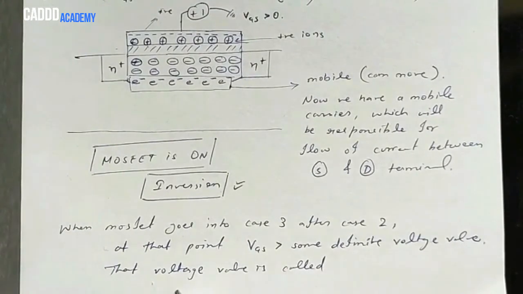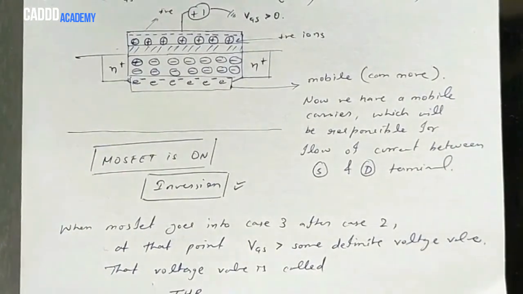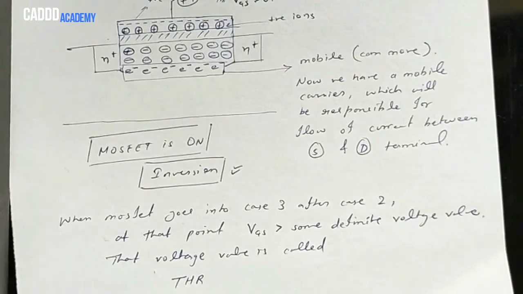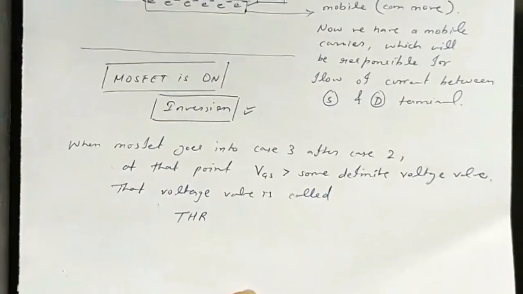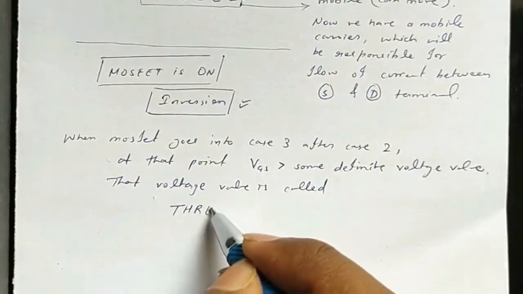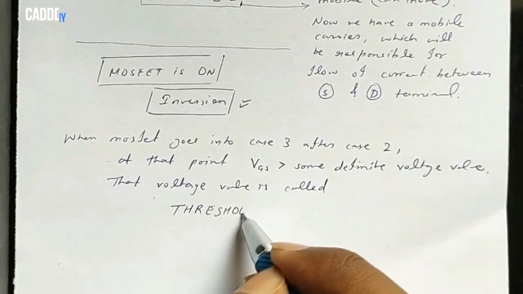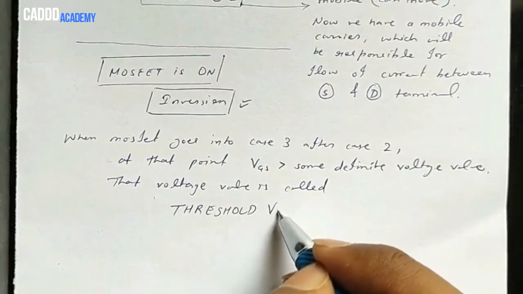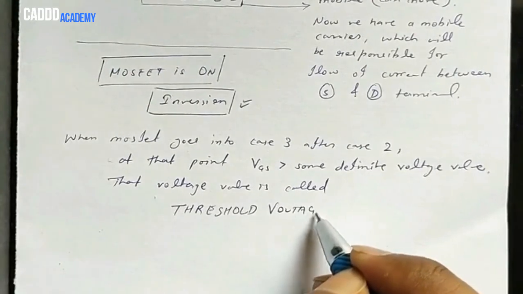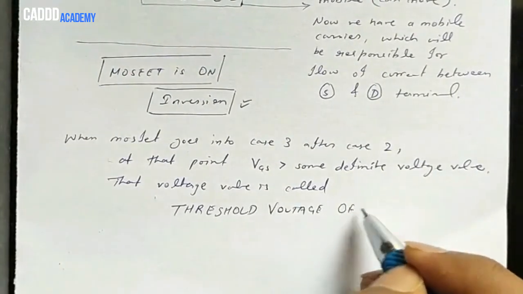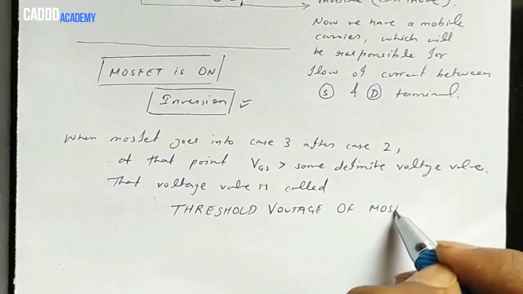That voltage value is called the threshold voltage of the MOSFET.